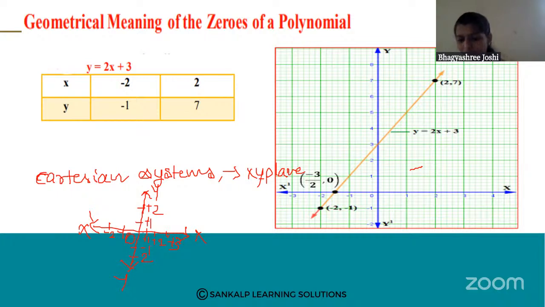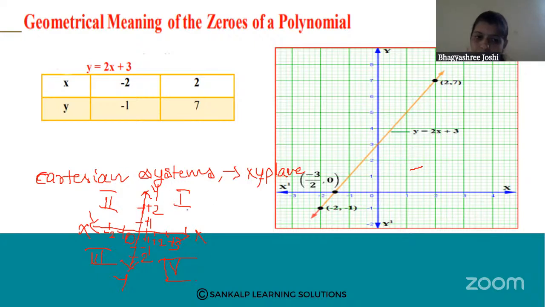Okay, now this x-axis and y-axis divides the Cartesian plane into 4 quadrants. That is first quadrant, second quadrant, third quadrant, and fourth quadrant. Yes, it is in the anti-clockwise direction. So clockwise goes like this, anti-clockwise is the opposite.